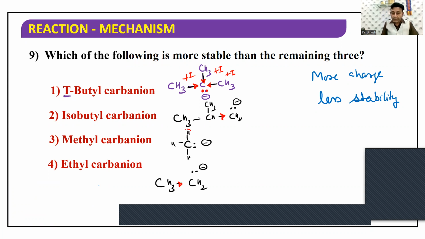But in case of methyl, the hydrogen inductive effect, we know, is equal to 0. It means it is not electron donating, it is not electron withdrawing. Its electronegativity is similar to that of the carbon atom. It means it is not intensifying the negative charge. So the stability will be minimum in the others, and maximum here. Less charge, more stability. So we say option third is the correct answer.